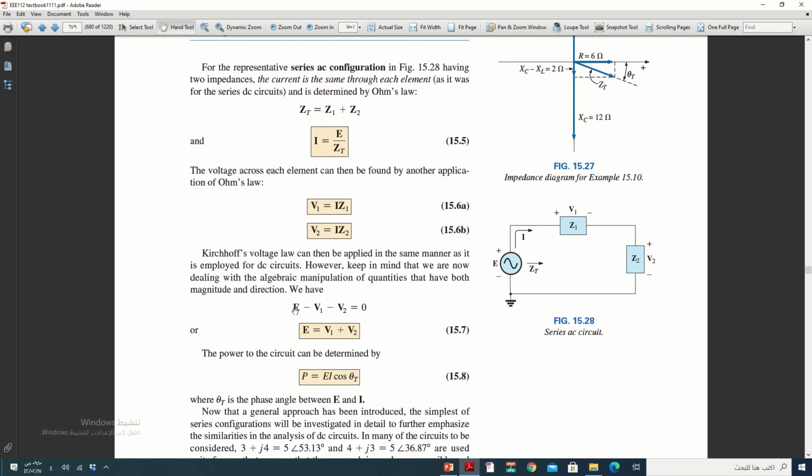If we apply Kirchhoff's voltage law, the voltage of the source minus V1 minus V2 equals 0.